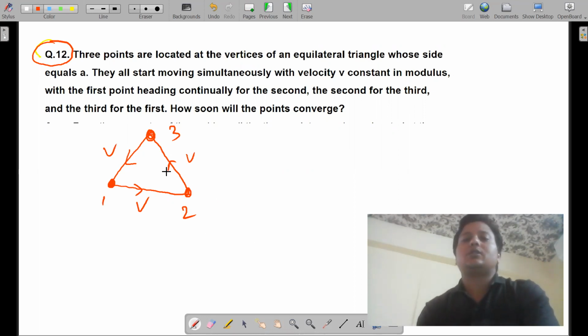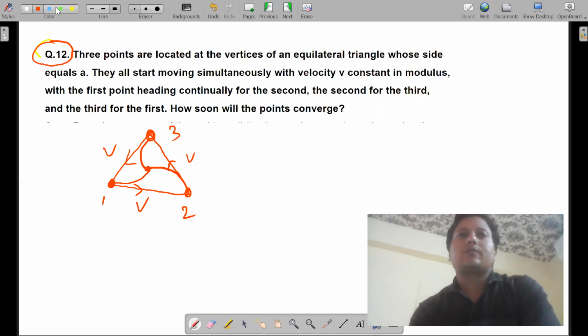After some time they all meet at the centroid, following a curved trajectory in this way.